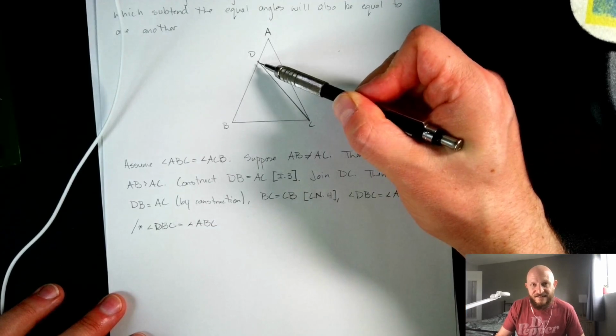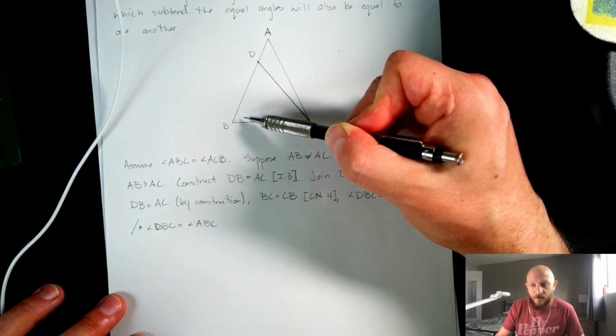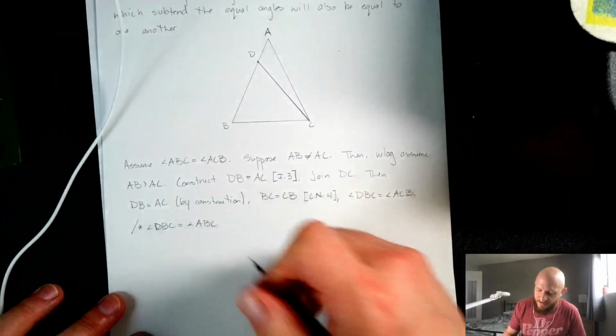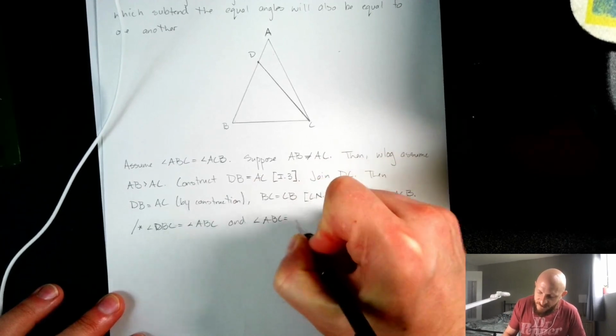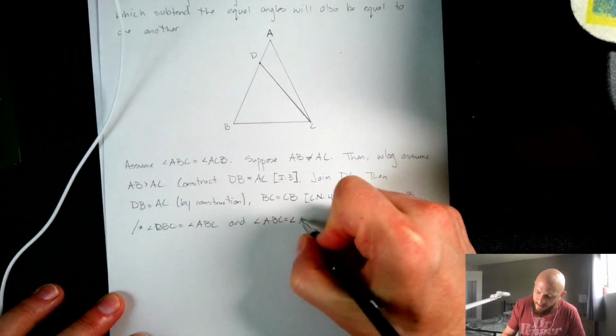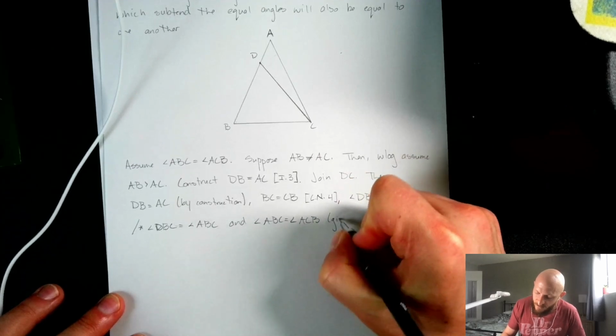So placing D didn't somehow change this angle. DBC equals ABC, and angle ABC equals angle ACB. This is just given to us.